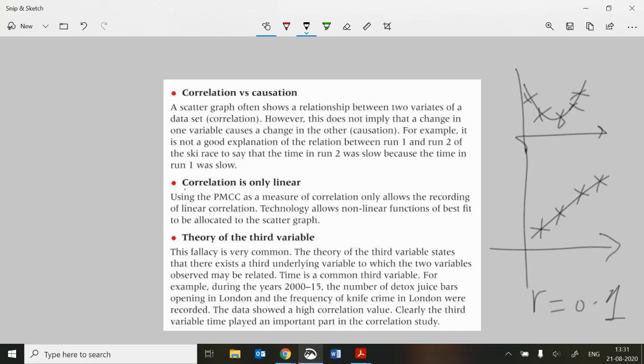So if you took this third variable of time and then plotted your number of juice bars on here, then you'll find that there's also this positive relationship. And you definitely can say that over time, the number of juice bars are increasing. And it might be a factor of time.